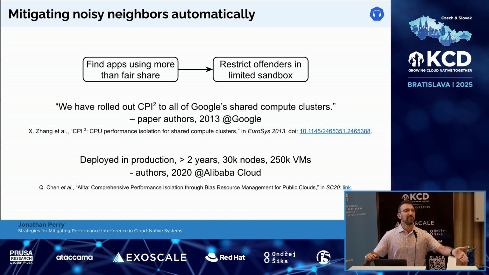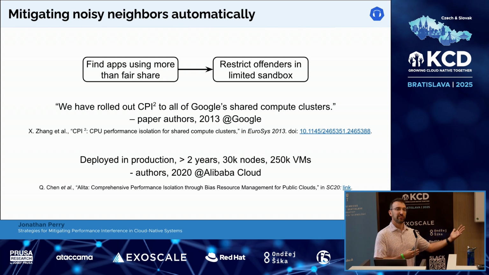And in fact, the hyperscalers I talked about earlier use these techniques. In a paper by Google, they rolled out a system that automatically mitigates noisy neighbors called CPI squared as early as 2013 to all of their shared clusters.